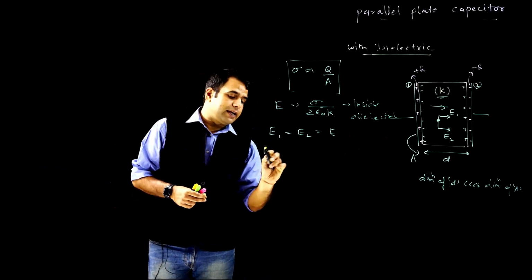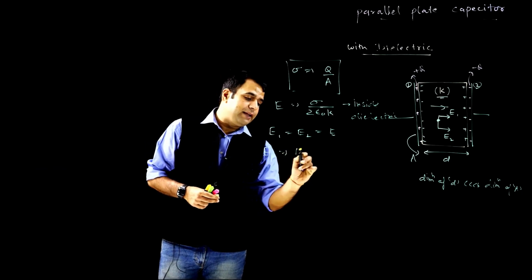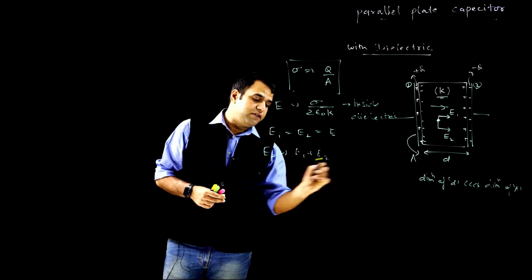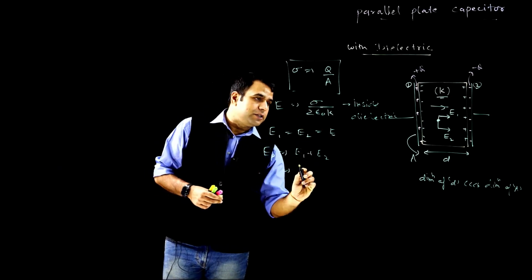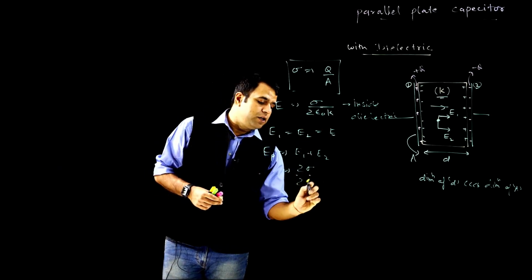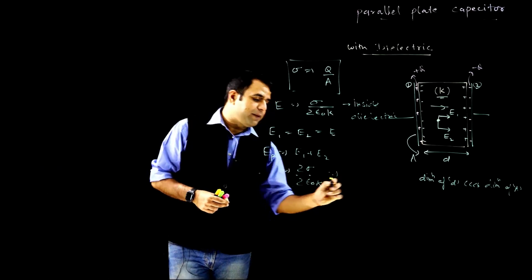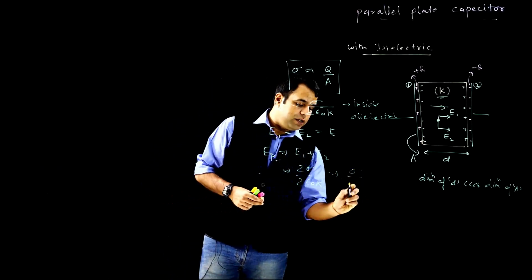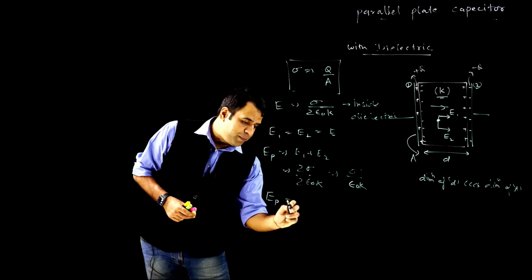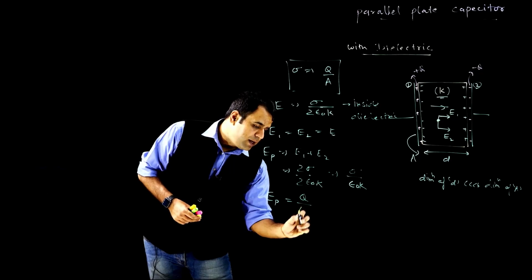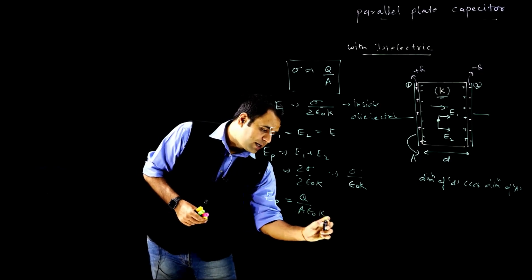So we can calculate the net field at point P, which will be the summation of both the fields, equal to 2 times this value. So 2 sigma upon 2 epsilon naught K becomes sigma upon epsilon naught K. So the field at point P becomes Q by A epsilon naught K.